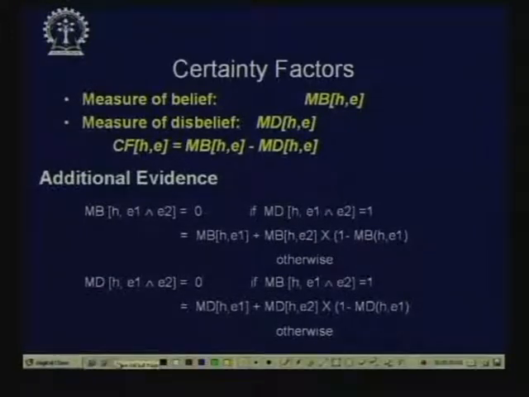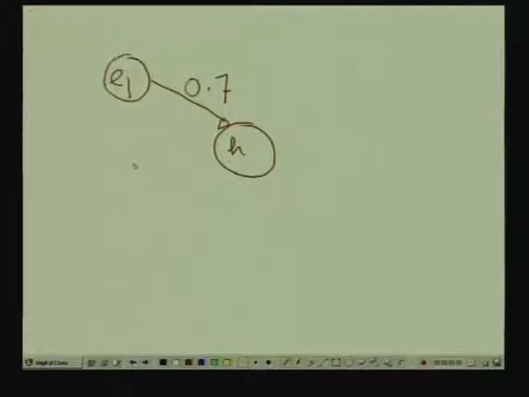Again, the same scenario, suppose E1 is supporting the hypothesis H with some strength say 0.7, and there is another evidence E2 which is supporting H with some other strength 0.6.